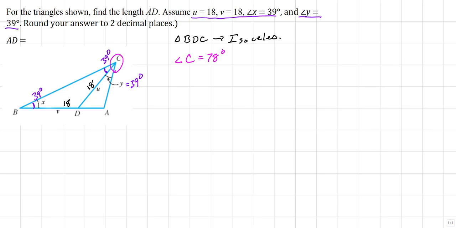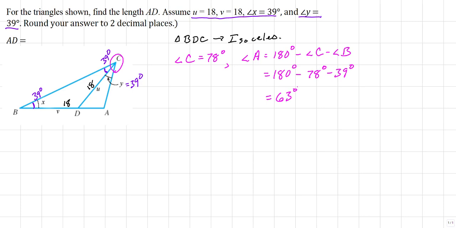We also know that angle A is going to be equal to 180 degrees minus the measure of angle C minus the measure of angle B, which will be equal to 180 degrees minus 78 degrees minus 39 degrees. And that's going to be equal to 63 degrees.